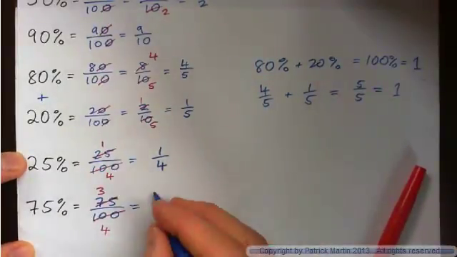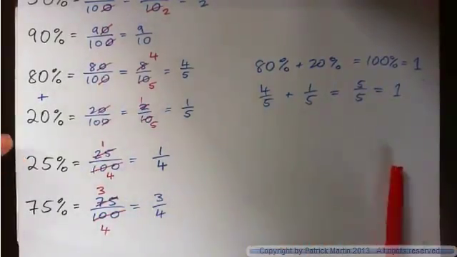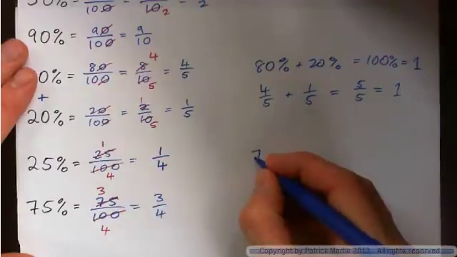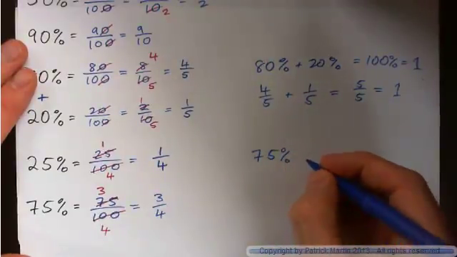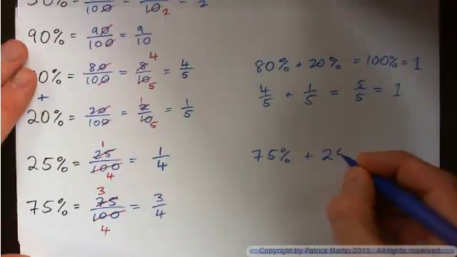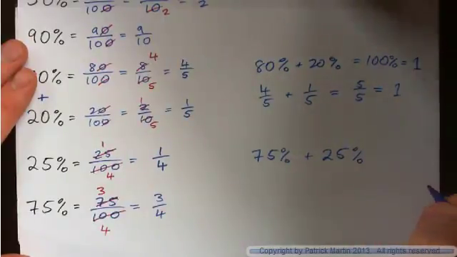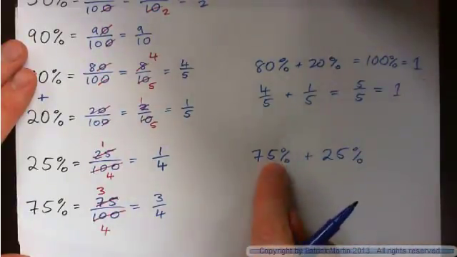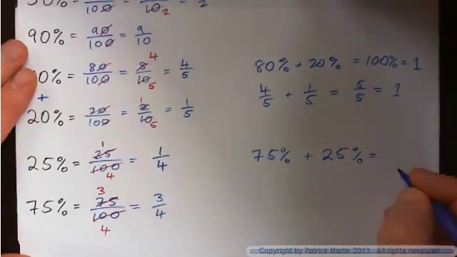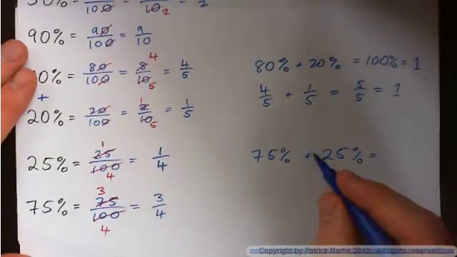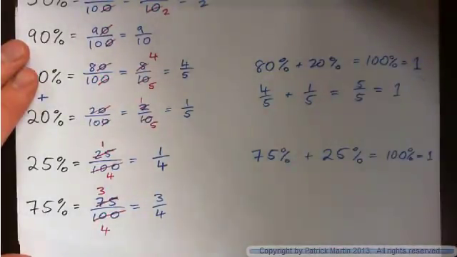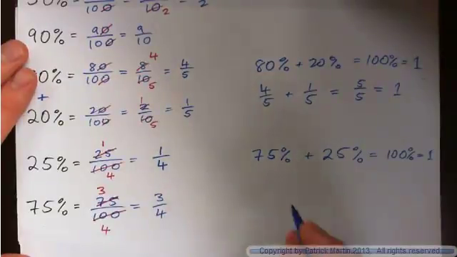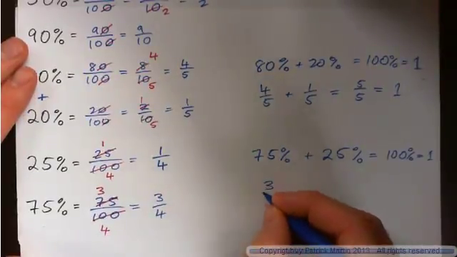So that is 3/4. And once again, just for fun, you might say, okay, 75% of people own a car in a town. 25% of people do not. So this is the people that own a car, people that don't own a car, adults that don't own a car, let's say. And that makes 100%, or 1, the whole town, all the adults in the town. Okay. Now 75% you said is 3/4.